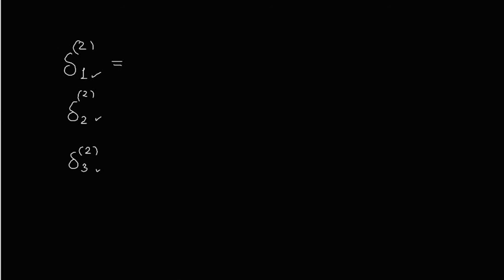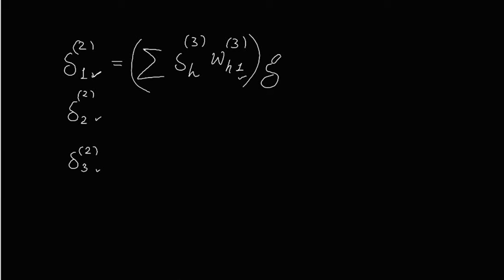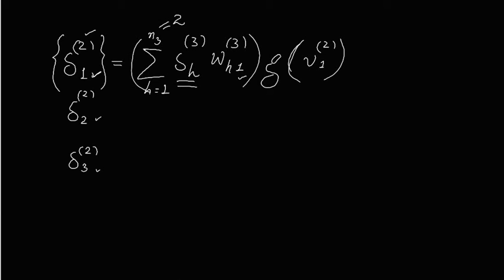Suppose we want to evaluate this. For this we will have to evaluate delta H, and here it will be 3, and then W H 1, because of this one, this will be 1, and this will be at the third layer, and then we need to multiply this with G of V2, because this is the second layer. To evaluate this we need H from 1 to N3, the number of neurons in the third layer, which is equal to 2.